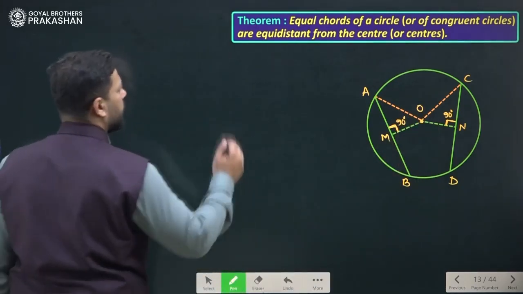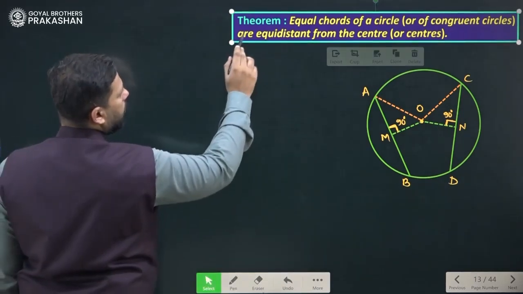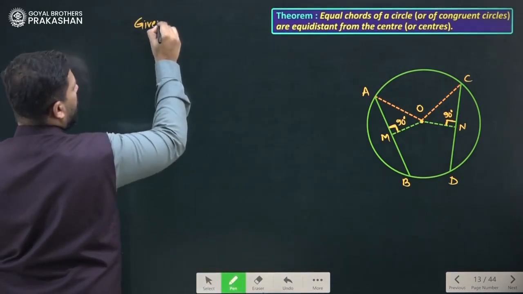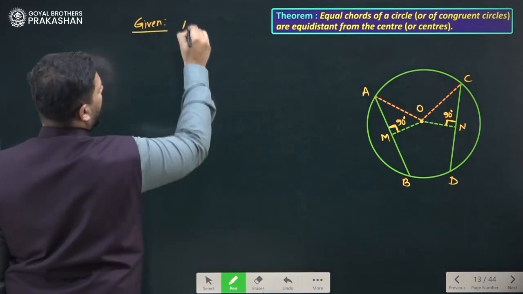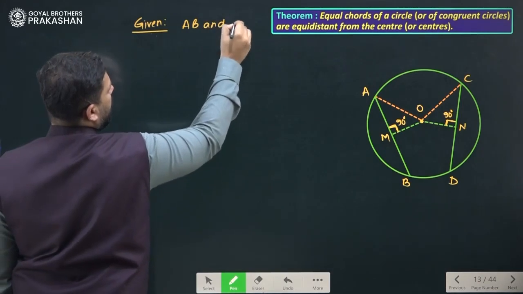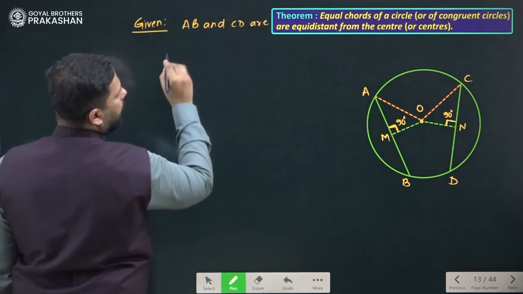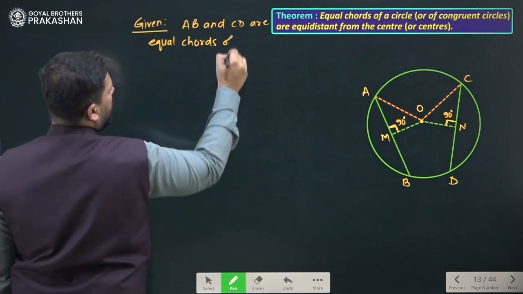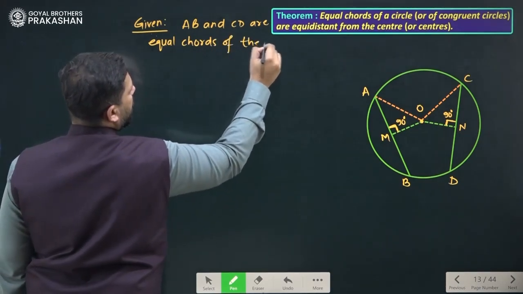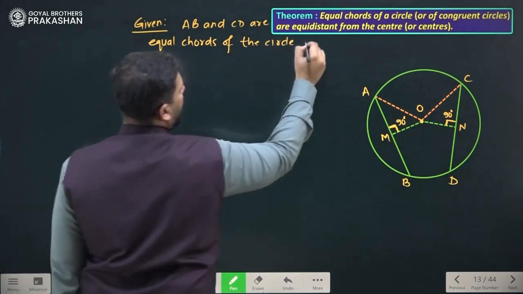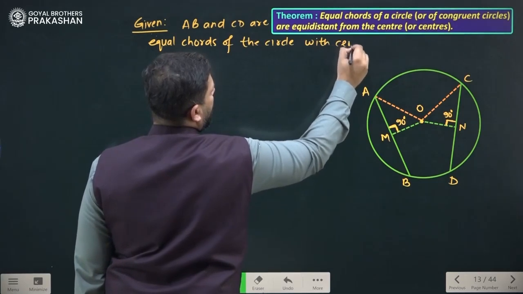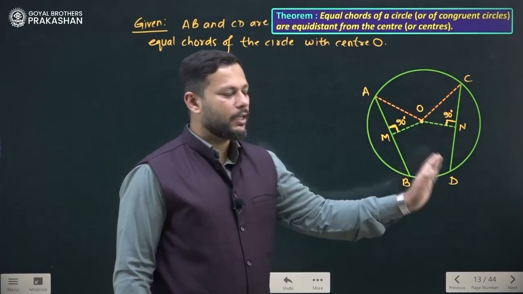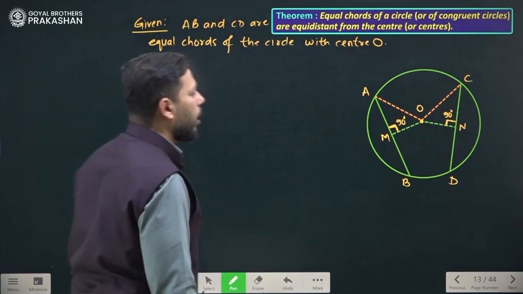Now, what is being given? Let us first write that. So, given: AB and CD are equal chords of the circle with center O. What else is given?